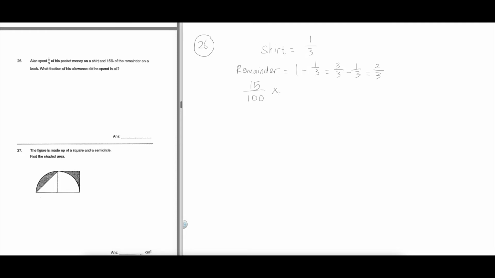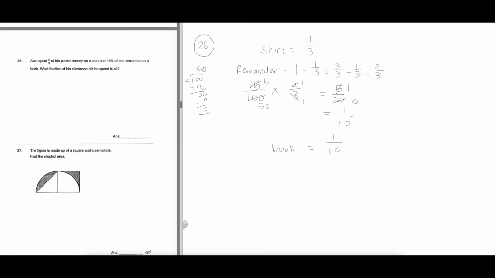Of means multiplication, 2/3, because that's the remainder. 100 divided by 2 is just 50. 15 divided by 3 is 5. So you're going to get 5 over 50. If I divide by 5, I get 1 over 10. So book equals 1 over 10 spent.